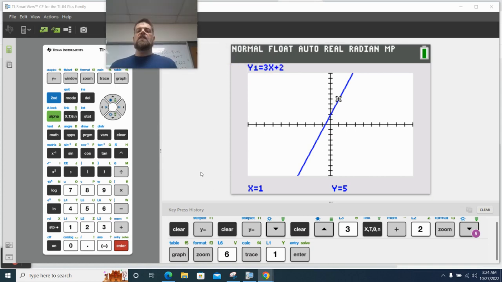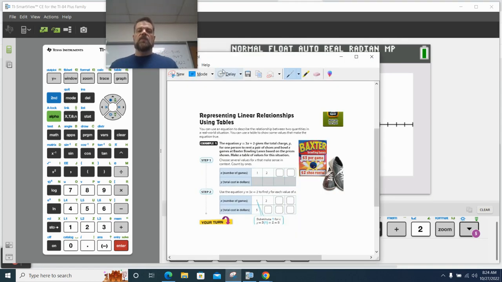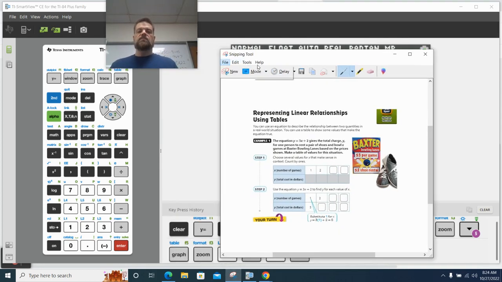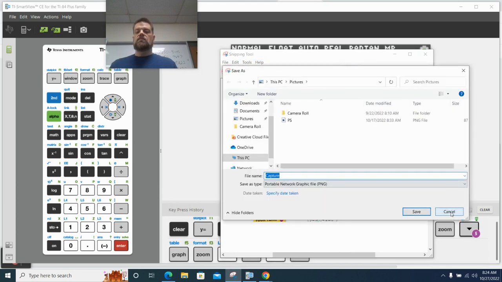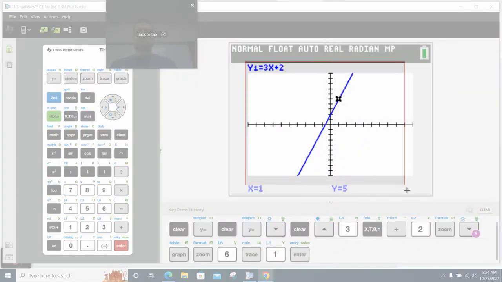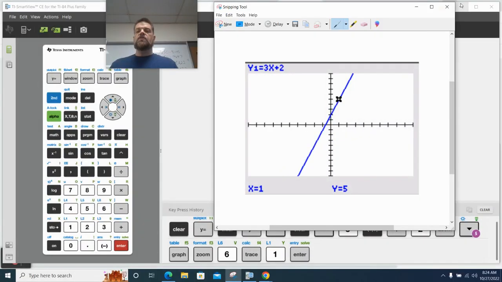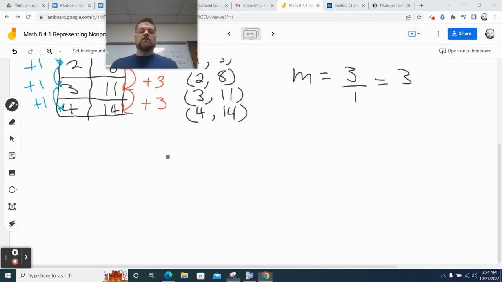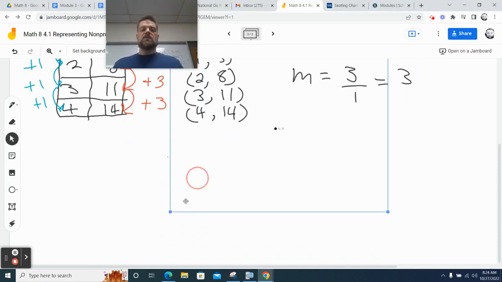So this is our graph. I'm going to take a little screenshot of that and put it in our notes. So when I graph this, this is what it looks like.